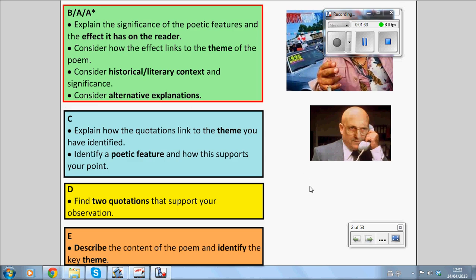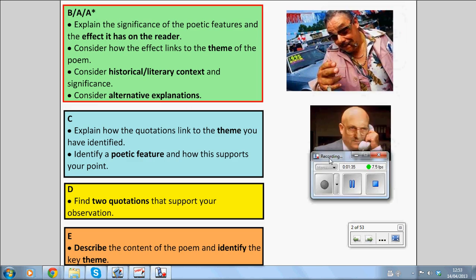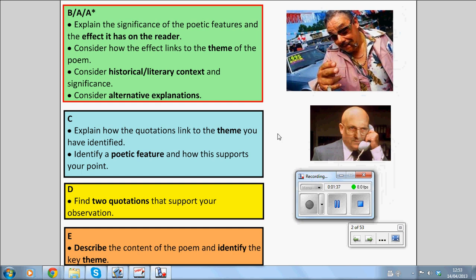Okay, so some of the important things that you'll need to do if you are aiming for a C or above in this exam. If we look at the C grade, we've got to make sure that you are using quotations from the poem and you're linking them to the theme that you've identified.